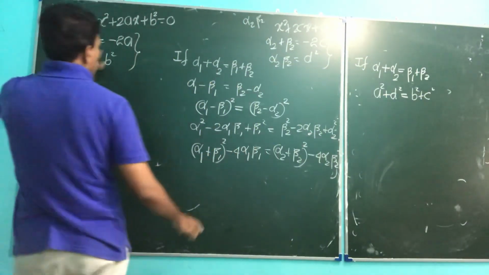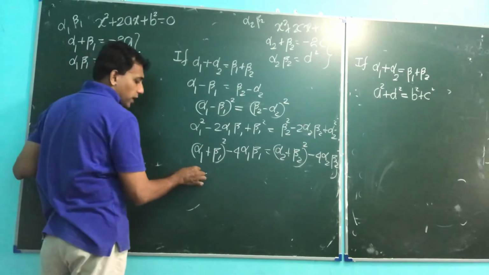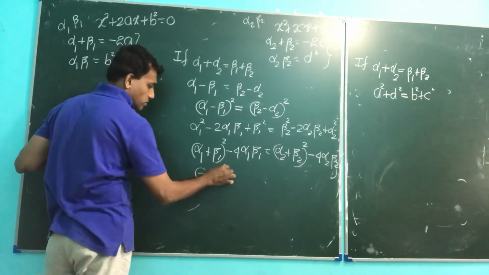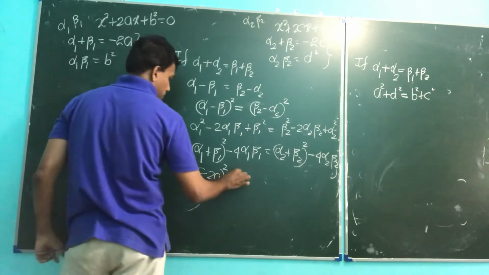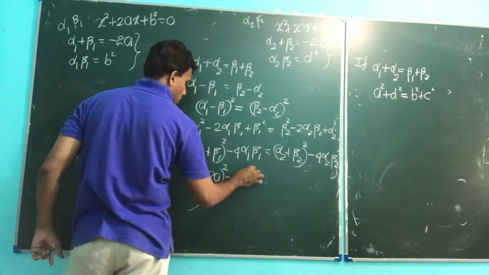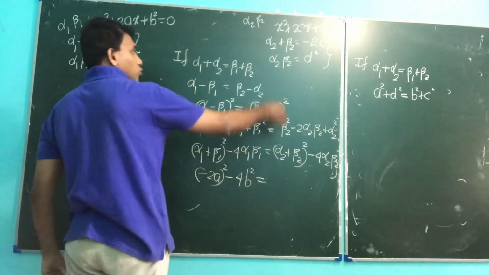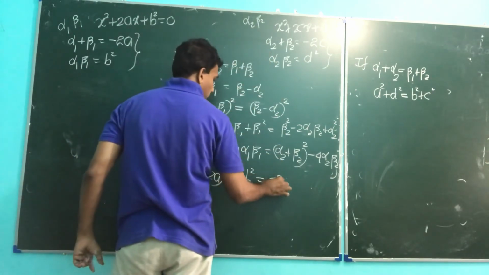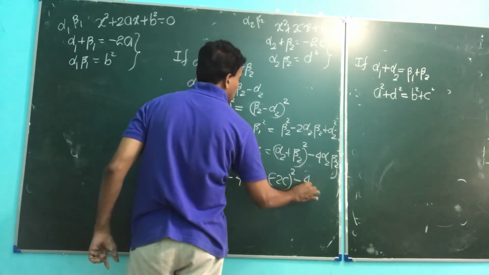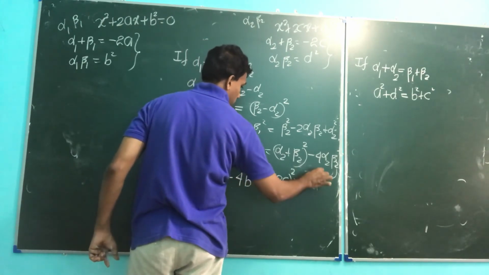Alpha 1 plus beta 1 gives minus b over a, squared, minus 4 times alpha 1 beta 1 gives c over a. Here alpha 2 plus beta 2 gives minus c over a, squared, minus 4 times d over a.